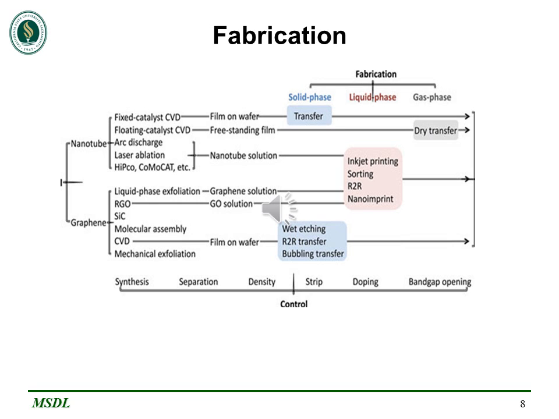So the solid, liquid, and gas phases are basically the differences in the printing of the film, in the transfer of the film from the rigid substrate to the flexible substrate.